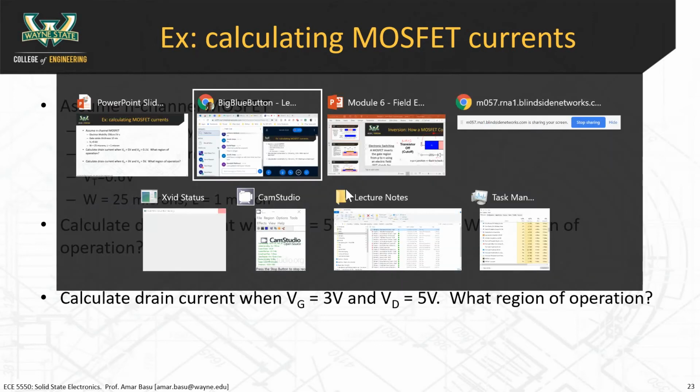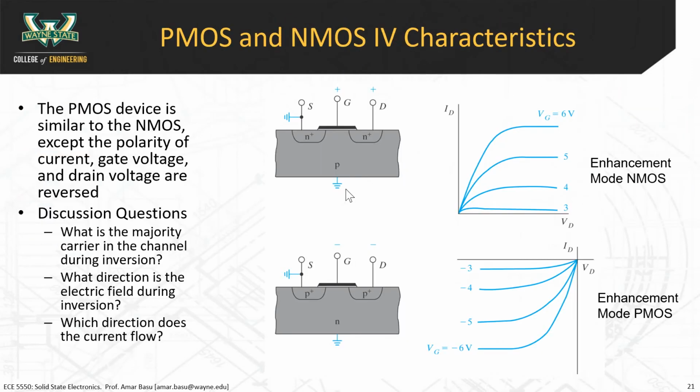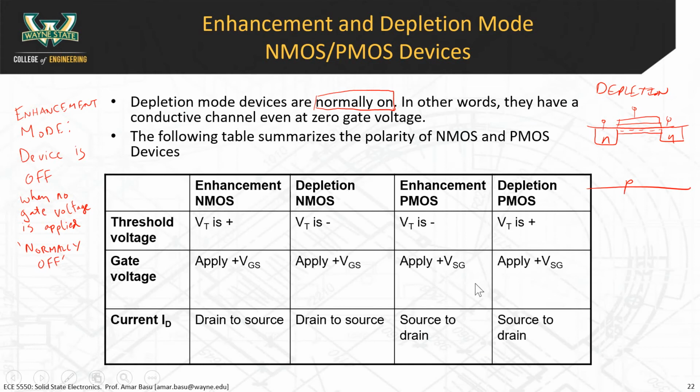Can you go back to the previous slide real quick? Sure. This one? Are all the gate voltages supposed to be applied positive? Oh, I see. With the gate voltage that we're talking about, for the NMOS devices, you typically apply a voltage between the gate and the source, so VGS is positive.